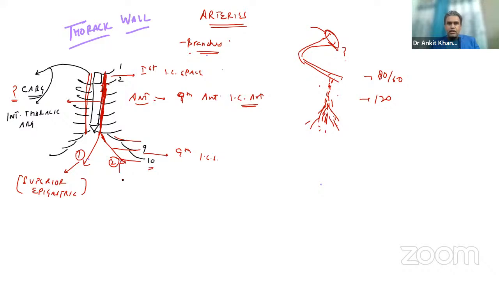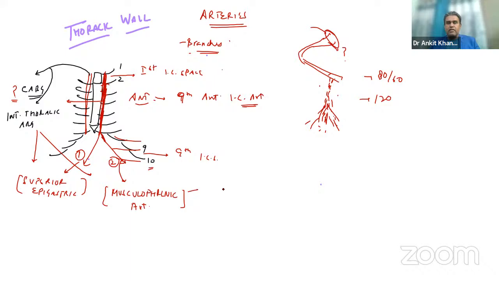The other artery you're seeing over here is the musculophrenic artery. Which artery? Musculophrenic artery. So both the superior epigastric and musculophrenic are branches of the internal thoracic.